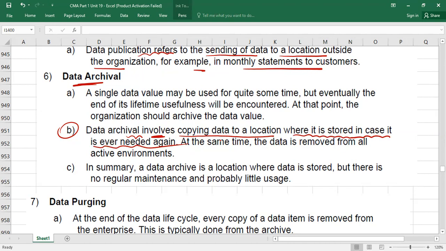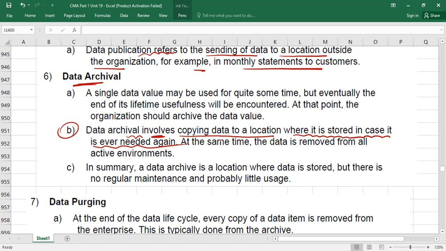For example, you are a graduate from the university. Obviously, they will issue your certificates, degree, transcript, etc. And you are out of the university now. Maybe in future you will lose your certificates, and you will contact the university, right or wrong? So now the university will look in their archival department.